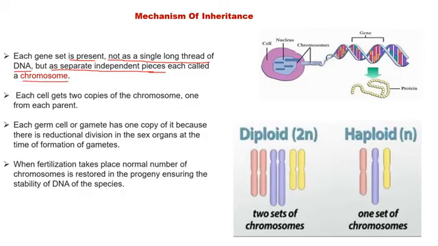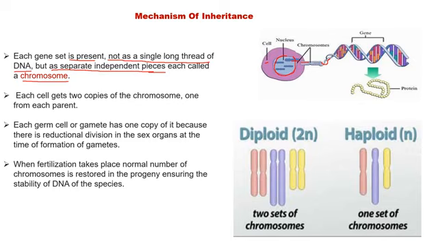In the picture we can see that there is a cell. Inside the cell there is a nucleus, and inside the nucleus you can see the chromosomes. Now if I uncoil this chromosome, I can see the DNA structure, because we know that the chromosome is made up of DNA.